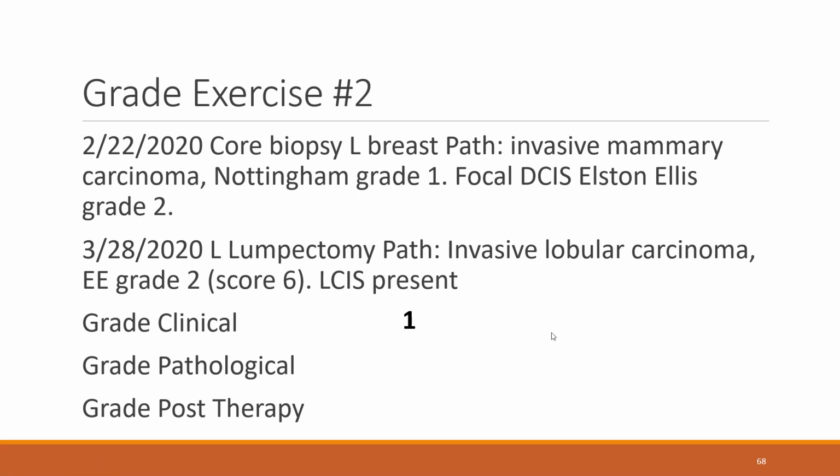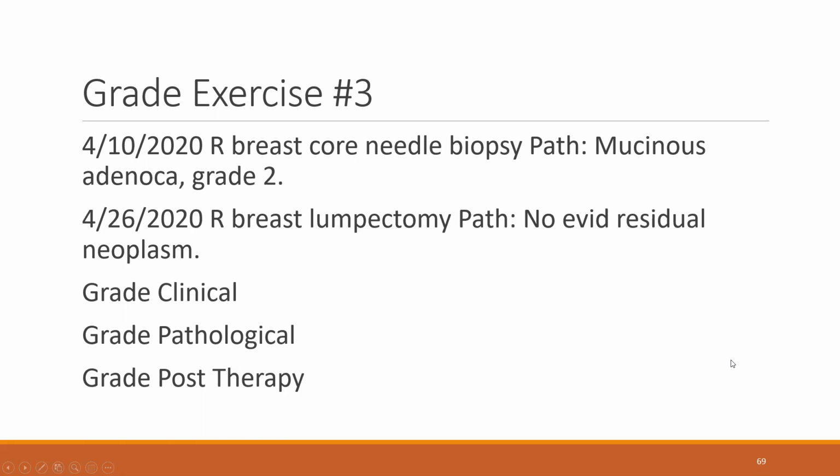The grade path is going to be a 2 from the lumpectomy. And obviously, grade post therapy is blank because we do not have any neoadjuvant. Remember, once we have invasive, we pretty much ignore anything in situ, which makes it very easy sometimes.